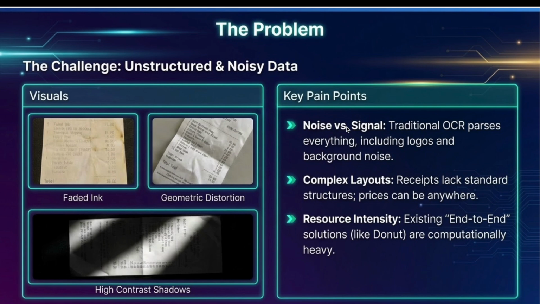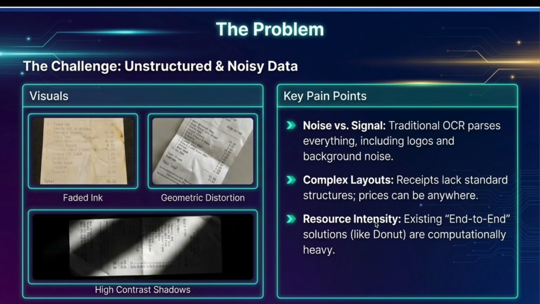First, noise versus signal. Traditional OCR engines parse everything on the receipt, including decorative logos and background text, making it hard to identify the relevant fields we actually care about. Second, complex layouts. Unlike standard forms, receipts have no consistent structure. Vendor name might be at the top, middle, or even sideways. Total amounts can appear anywhere, mixed with subtotals, tax, and tips.